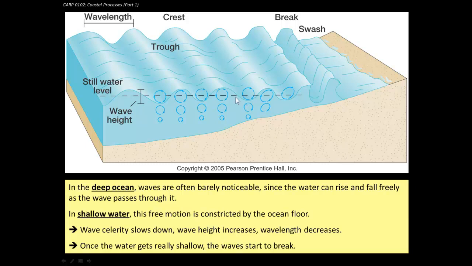At that point, the celerity of the wave slows down, the wave height increases, and it starts to break. Right? So that's why when you look out from the beach, within a certain distance of the beach, the waves start to break and start to get bigger. It's because they get influenced by the slowly shallowing of the water depth.